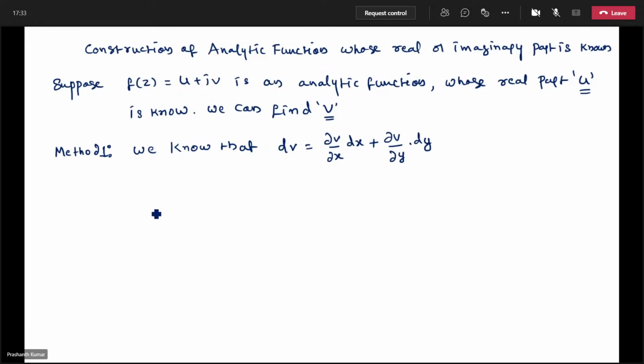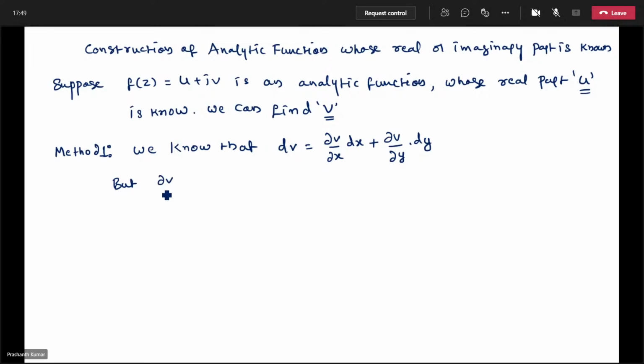This is what we consider. But in complex variables, we have the analytic function with the CR equations. So what are the CR equations?